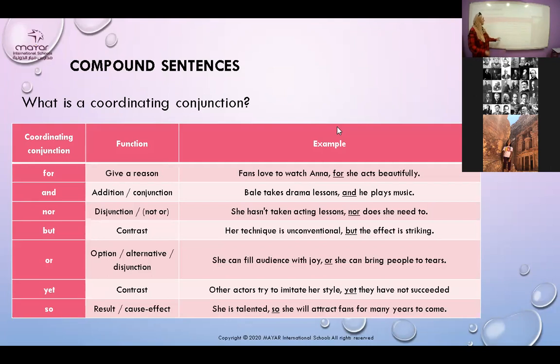The pronouns, be careful. With nor, it means disjunction, not what? Not conjunction, disjunction. You put them apart. It's the opposite. She hasn't taken acting lessons, nor does she need to. Now, with nor, be careful, what did we do here?